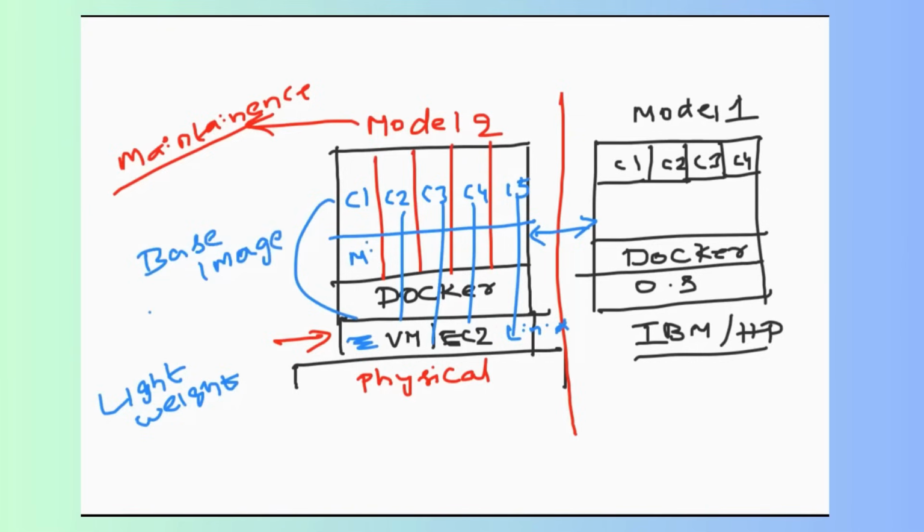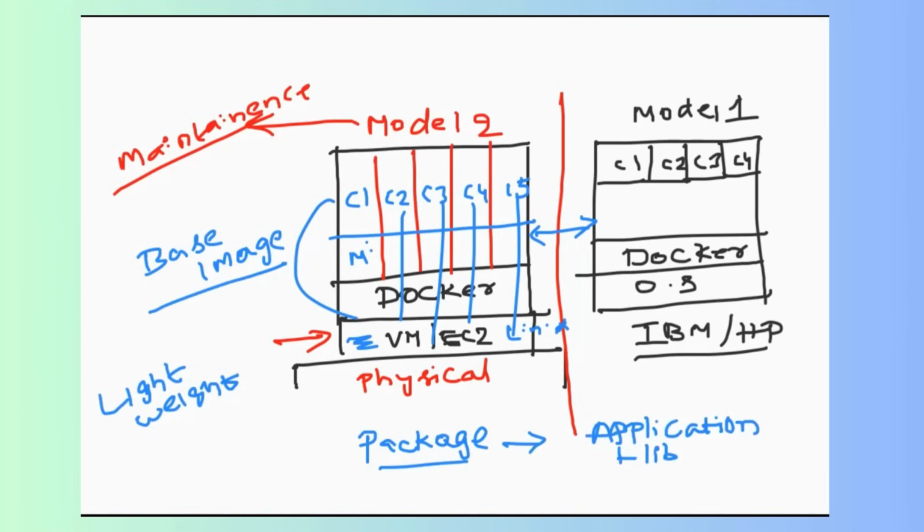Okay, so a container is nothing but a package, or a bundle, which is a combination of your application plus your application libraries, that means your application dependencies, plus system dependencies. Your application might require some system dependencies.